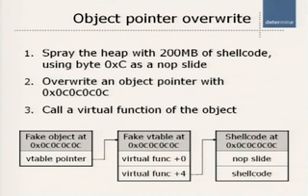So to exploit this, we need to spray the heap with 200 megabytes of shellcode. But as a NOP slide, instead of the standard 0x90 byte, we will use byte 0C, which is a valid x86 instruction. It's, for all practical purposes, equivalent to NOP.